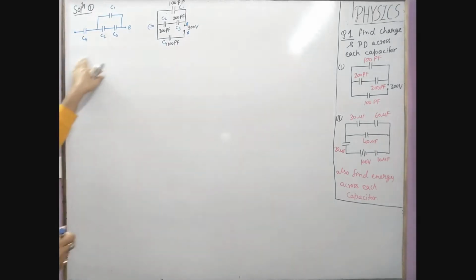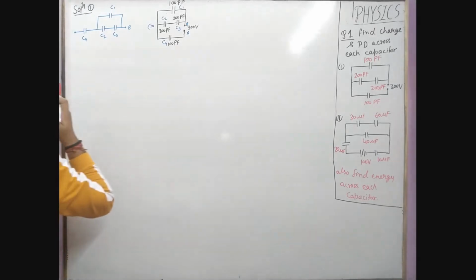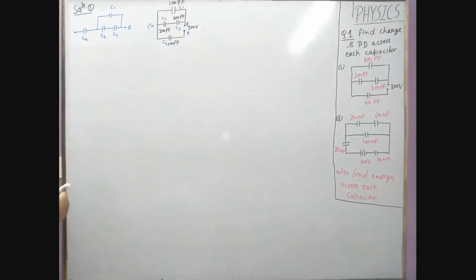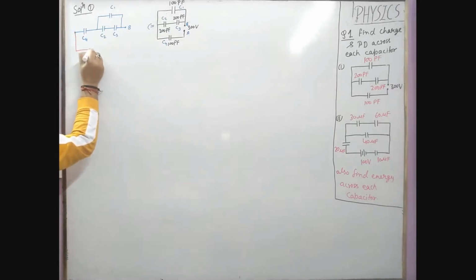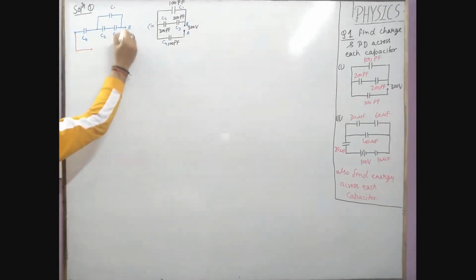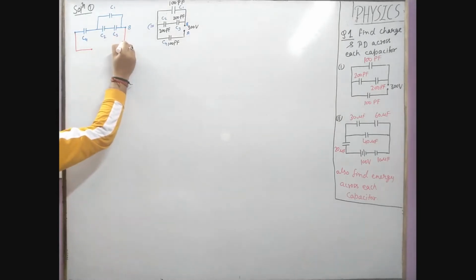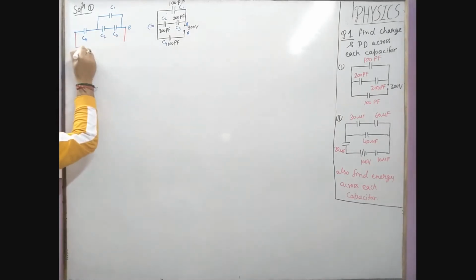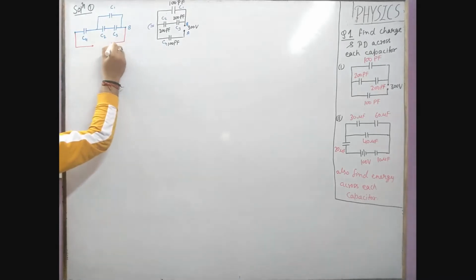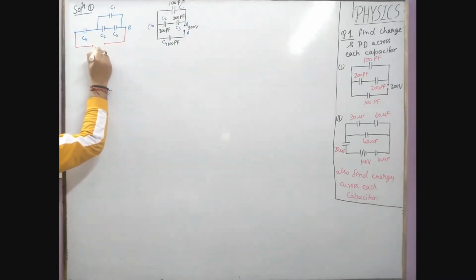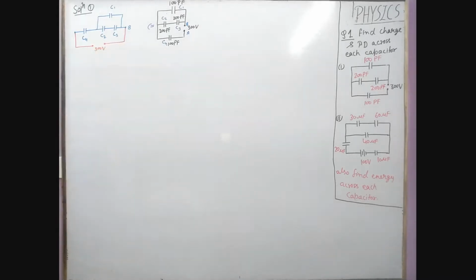Clear? This is reduced to this circuit. Now you can easily observe here that the potential across the circuit is 300 volt.